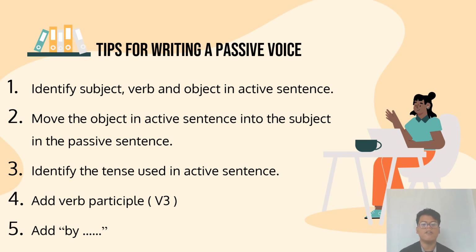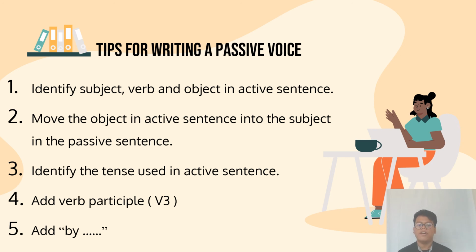Third, whether simple present, past, present perfect or past perfect, identify the tense used in the active sentence. If present tense, we use is or are for be. Past tense, we use was or were for be. Present perfect, we use have or has plus been for be.